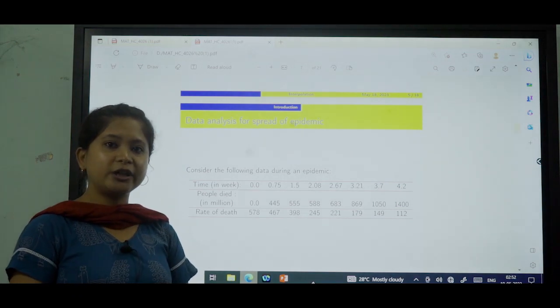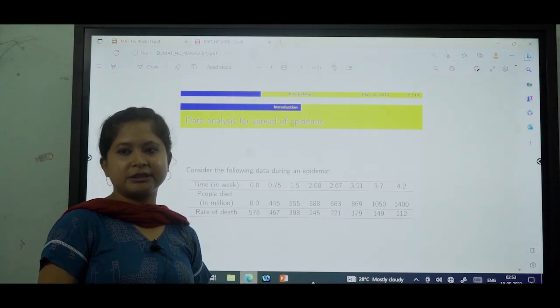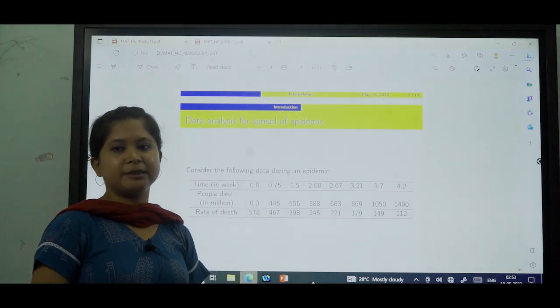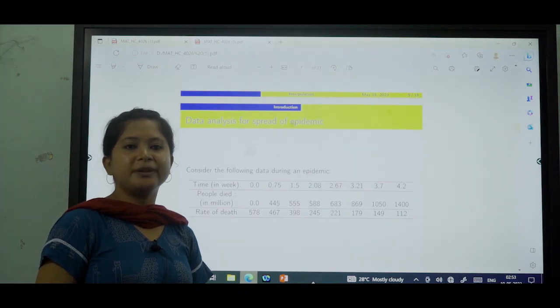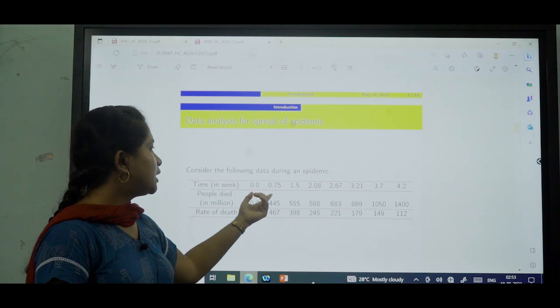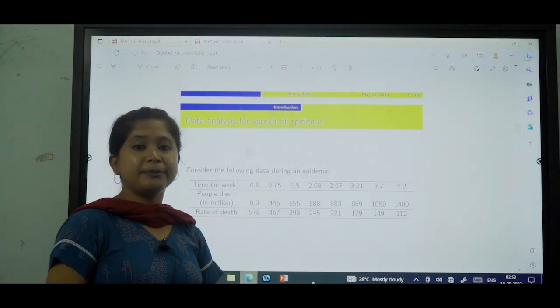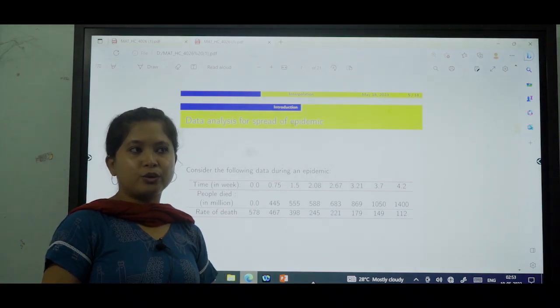Here also, if we use a mathematical model, there will be many constraints since it is a case of an epidemic, and it will not be an easy task. So, how can you say the number of people who died in the first week? What will be your answer, or in what way do you want to give the answer?